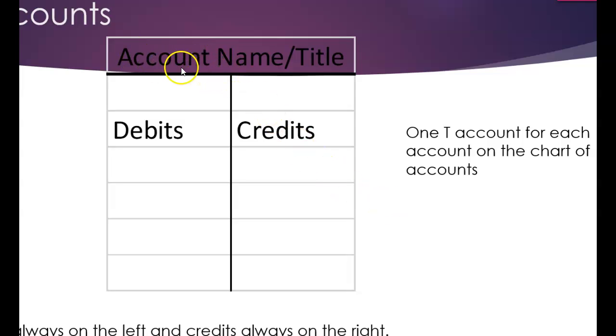So up on the top where it says account title or name, that would be cash, for example, or it could be inventory, for example. And what this does in this learning activity is give you a picture of exactly the type of transactions that are affecting the account, whether it be increasing the account or decreasing the account. And this gives you the ability to determine what the ending balance is.